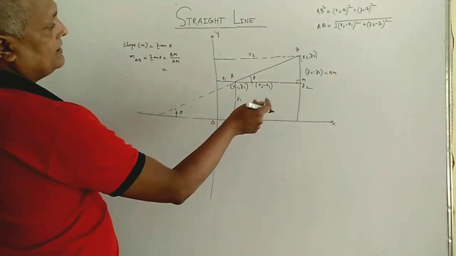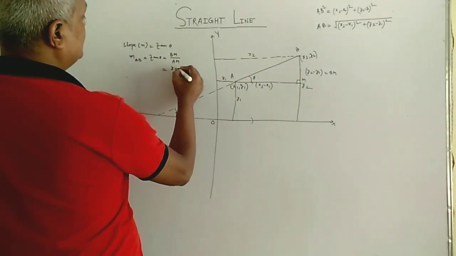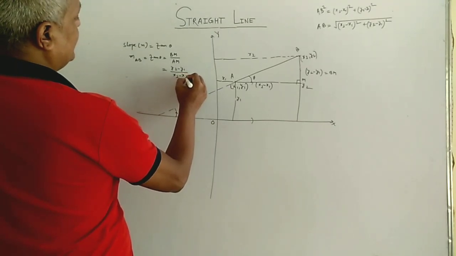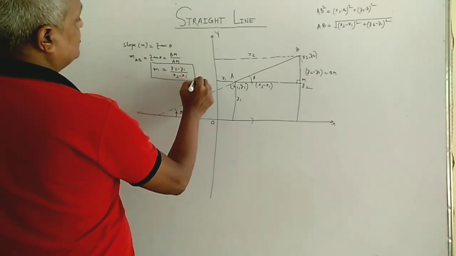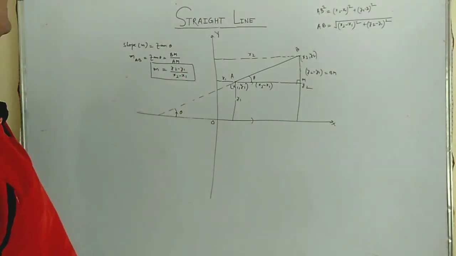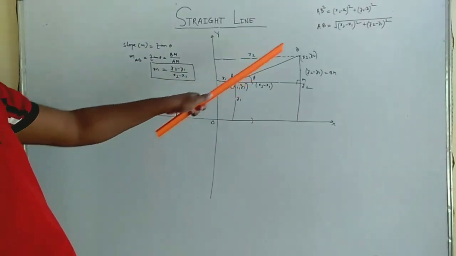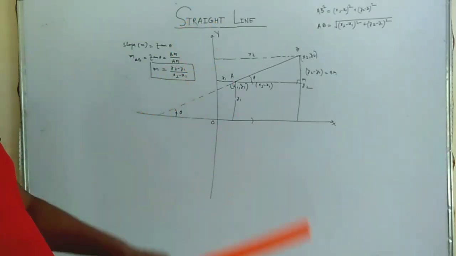And what is BM? BM is y2 minus y1. So y2 minus y1 over x2 minus x1. This we also use as the slope of two points when the coordinates x1, y1 and x2, y2 are known. So the slope is always y2 minus y1 over x2 minus x1.